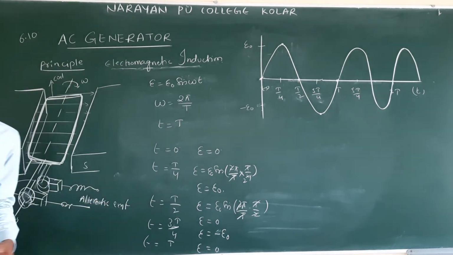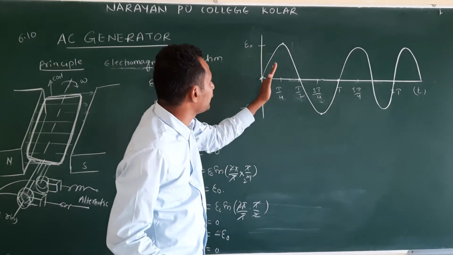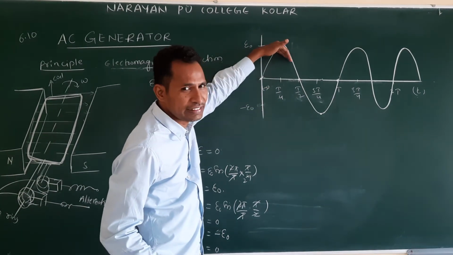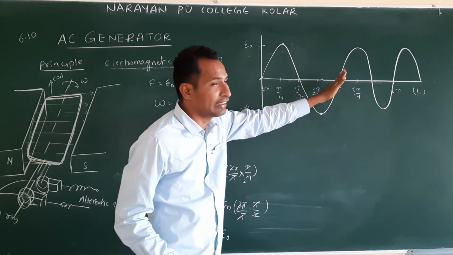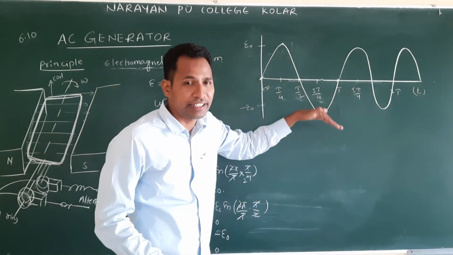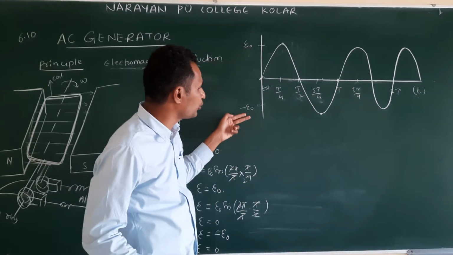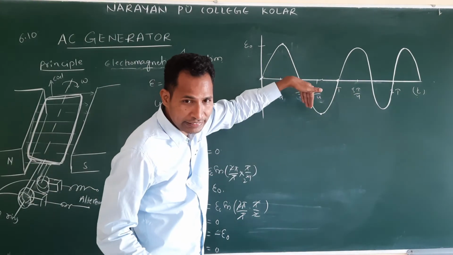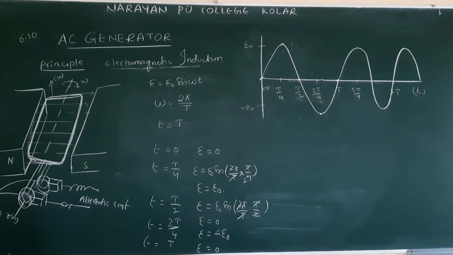So what is happening here? The direction is changing. Instantly in one direction it increases, in the same direction decreases, again increases, decreases. EMF is altering, from positive EMF to negative EMF. That's why we call it alternating current.